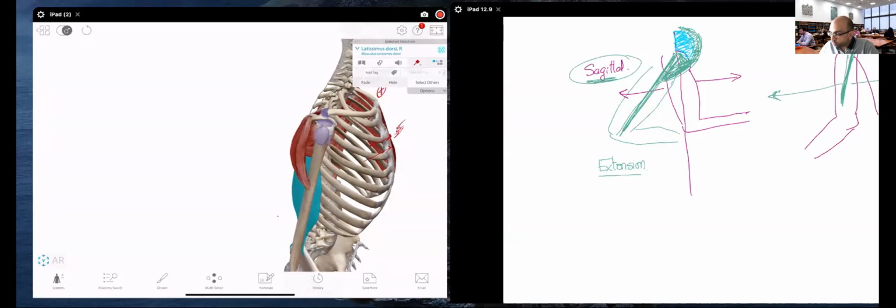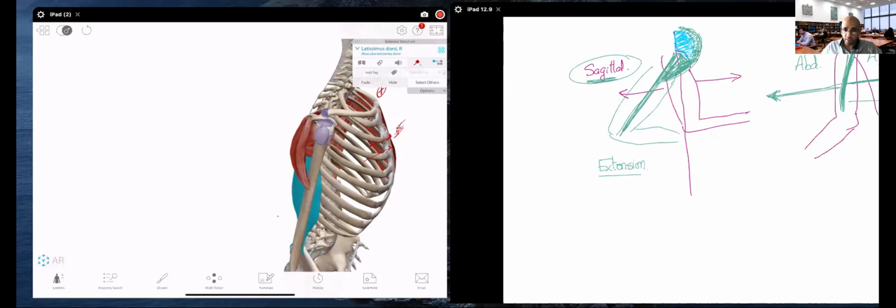If I am moving the arm towards my body, as if you're adding your arm to your body, this is adduction. What if you're moving the arm away from your body? This is abduction. Is this clear?